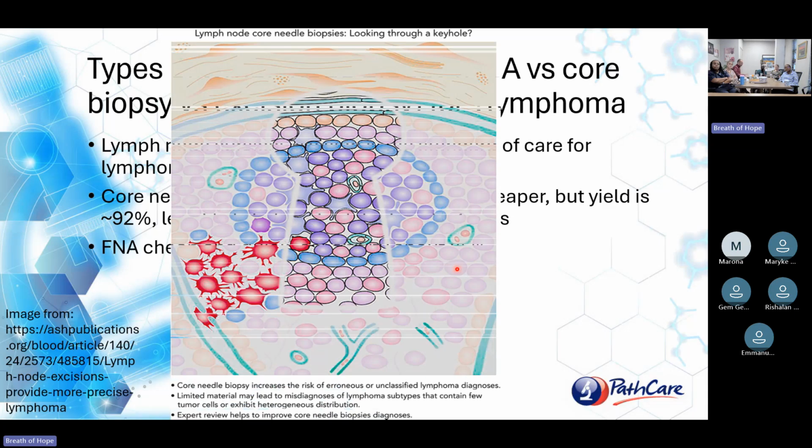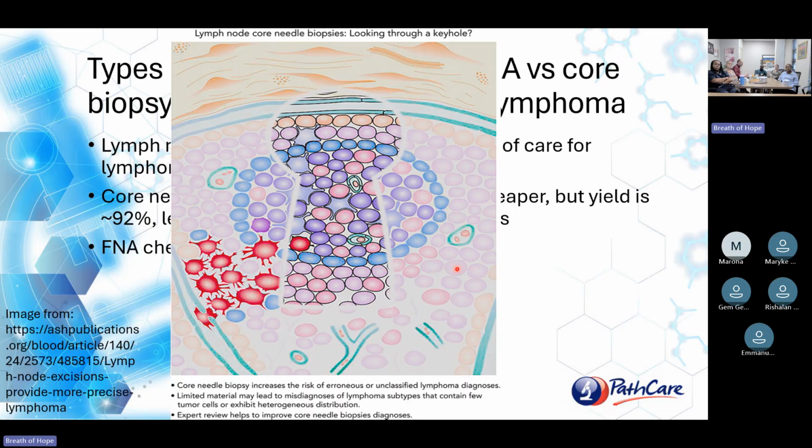And why is that? In the article that I was reading, it is referred to as the keyhole problem. When you don't do an excision biopsy, you are looking through a keyhole at the lymph node. To diagnose malignancy in the lymph node, you need to see the malignant cells, and you need to see what they are doing to the architecture of the lymph node.